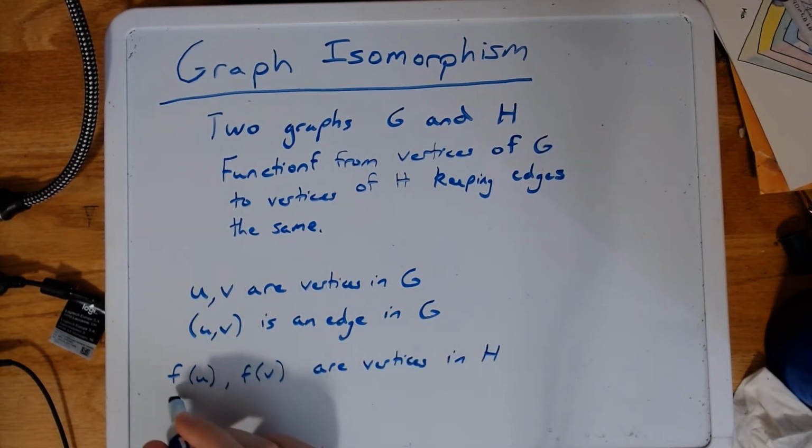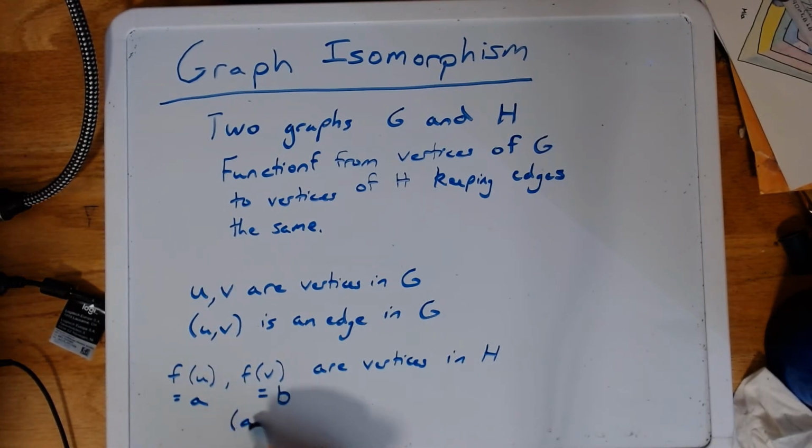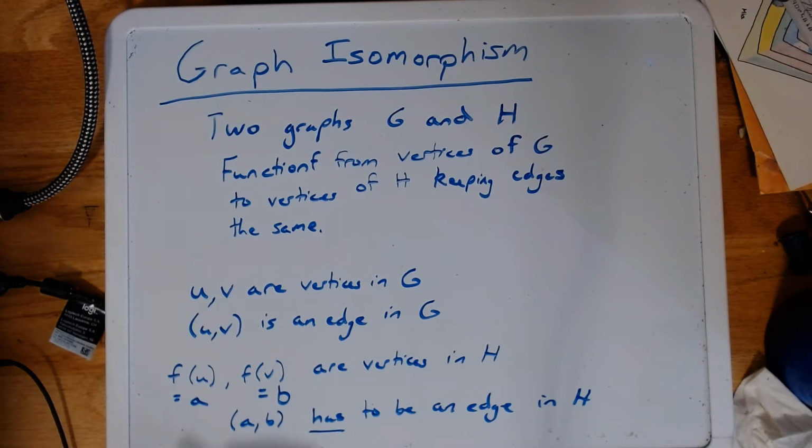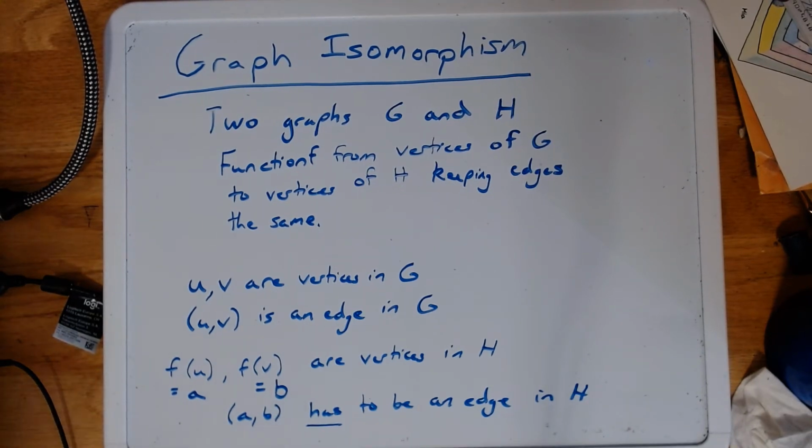Let's give them names. Let's say f of u equals A and f of v equals B. AB has to be an edge in H. And we need the opposite to be true as well, right? If AB is an edge in H, then we need UV to be an edge in G.